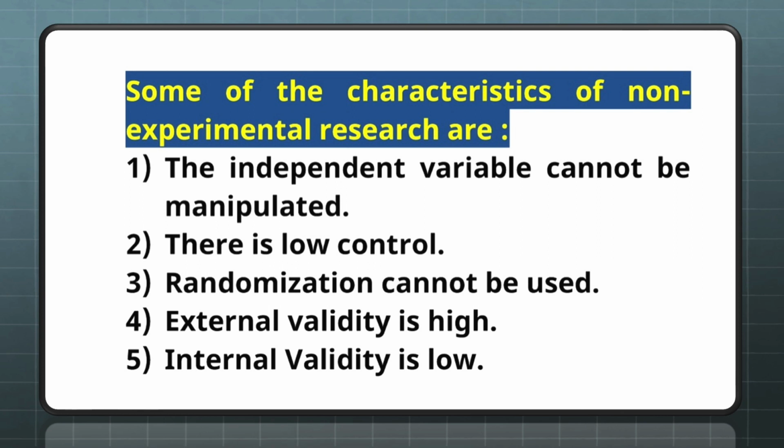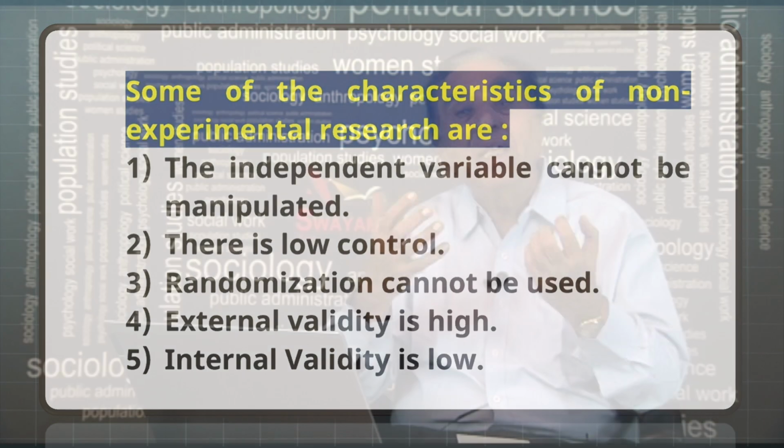I have told you in detail that the independent variable is manipulated in experimental research; that is the important condition. But when you are doing non-experimental research, the independent variable cannot be controlled. For example, you want to study mob behavior, how people behave in a procession, in a particular festival, whether they are enjoying it or not.